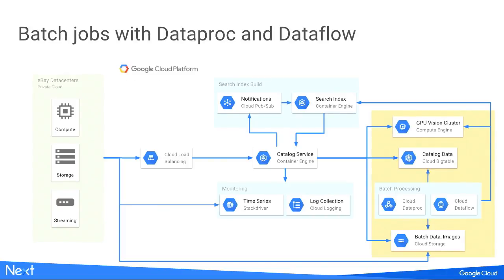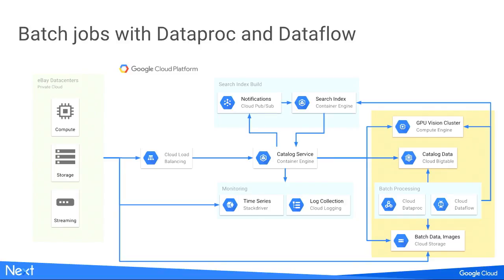Finally, we do batch processing against Bigtable. We have several use cases for batch processing. One of them is building the image index. For that, we need to scan all available listings, and we use the available listings table that I mentioned.